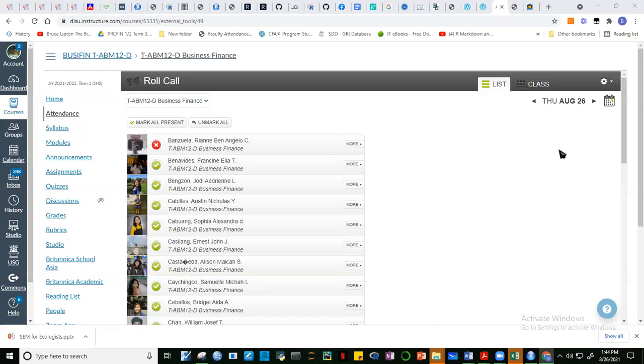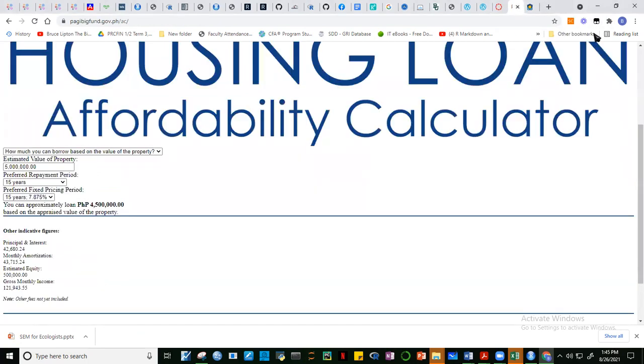Tingnan nyo lang kung ano yung laman ng mga sites na to. Yung una, yung frequently asked questions on housing loans. Pangalawa, this is the calculator. Sige, explore nyo lang. I'll open it also. Affordability Calculator at saka ito yung frequently asked questions.